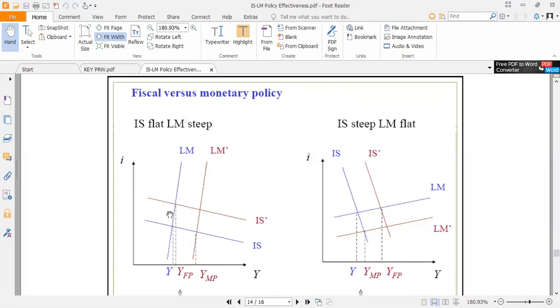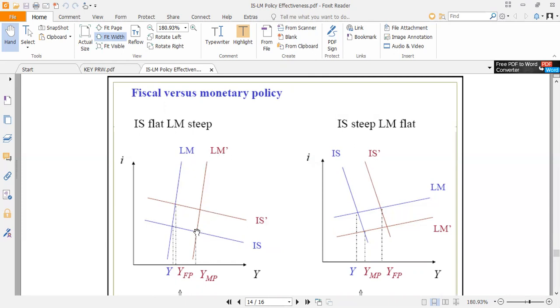So the IS curve will shift to the right. Now, this will be the new equilibrium point. Look at the change in income from Y to YFP. It's just by a very small margin. But if we go for a monetary policy, when we increase money supply, the LM curve will shift from this to LM prime.